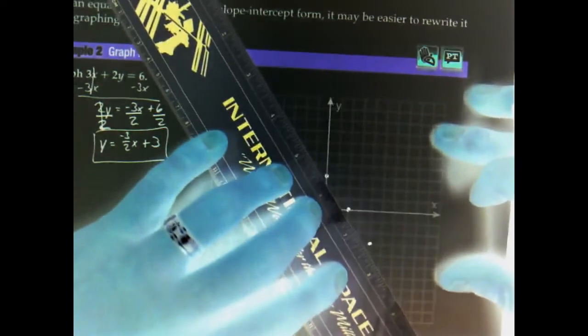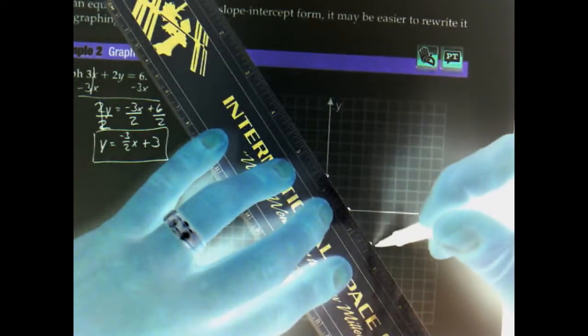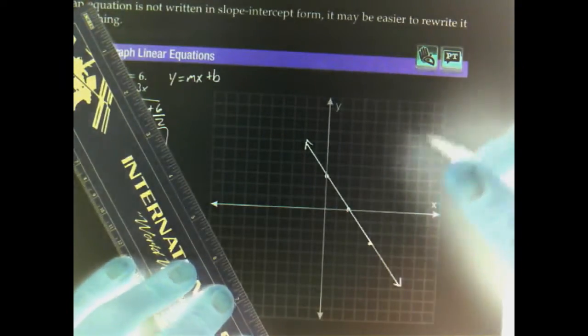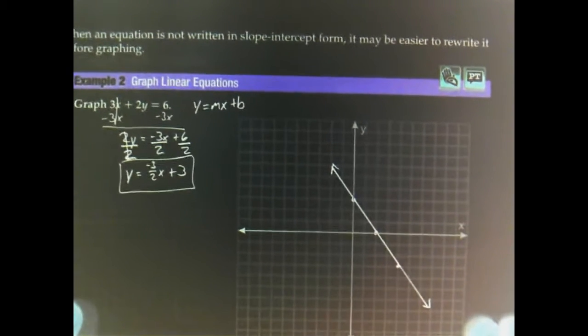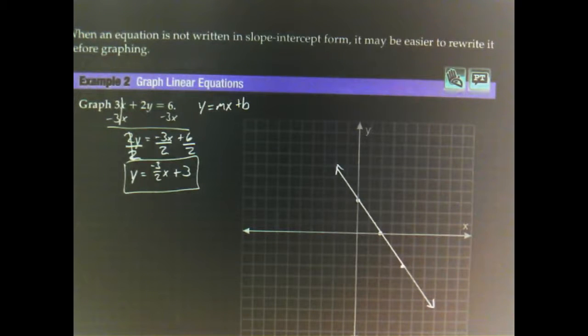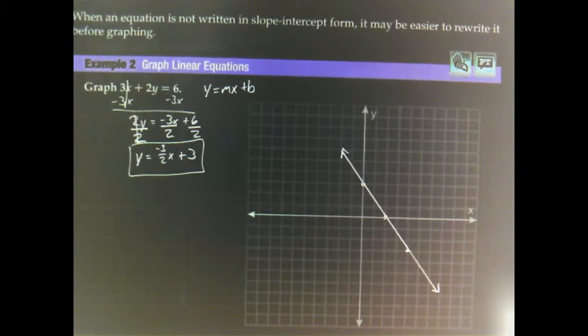We'll call that good. Here's my ruler. And there is my line. So if you're given an equation that's not in slope-intercept form, put it in slope-intercept form, because slope-intercept form really is probably the easiest to use.